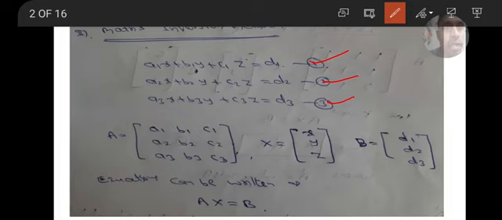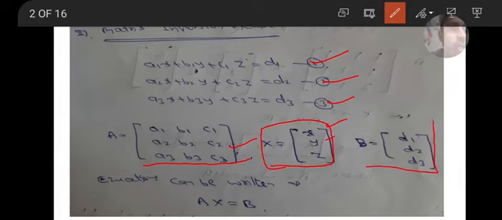So what is the coefficient matrix? A equals a1, b1, c1, a2, b2, c2, a3, b3, c3 is the coefficient matrix, the variable matrix X equals x, y, z, and the constant matrix B equals d1, d2, d3. These are the coefficient matrix, variable matrix, and constant matrix.